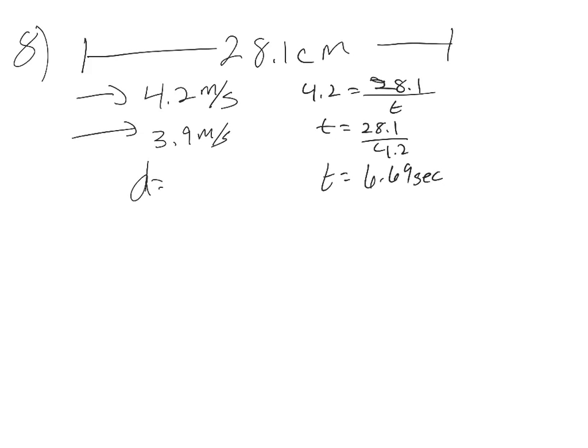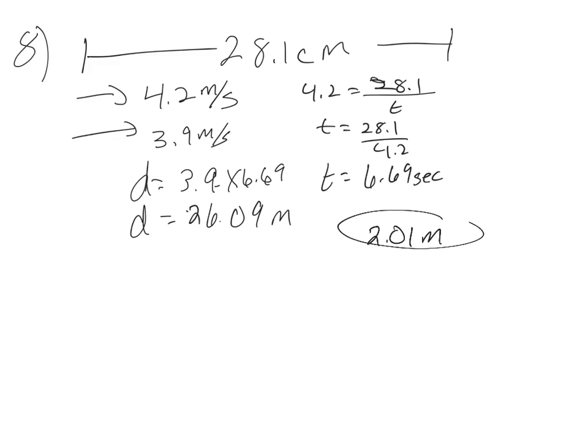So d is equal to 3.9 times 6.69, and we see that one went a distance of 26.09 meters. And so we're just going to subtract that from 28.1 and see that it was 2.01 meters behind.